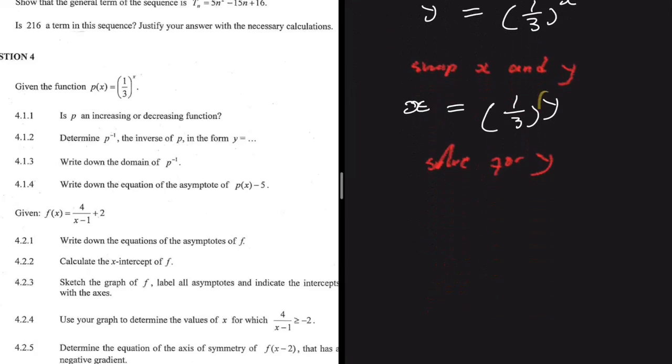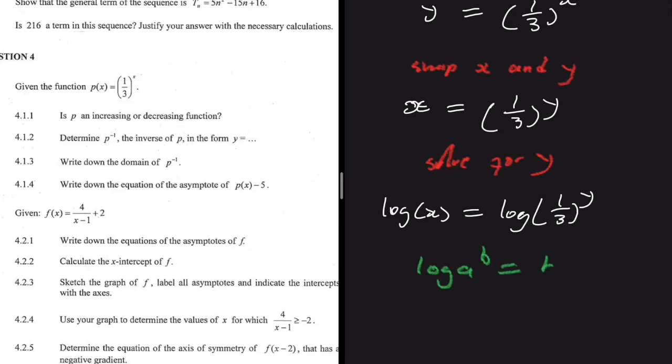Y is up here. We have to bring it down by introducing log on both sides, right? So we're going to have log of x being equal to log of 1 divided by 3 to the y. Now you just have to recall that under log laws, log of a to the b is equal to b multiplied by log of a.